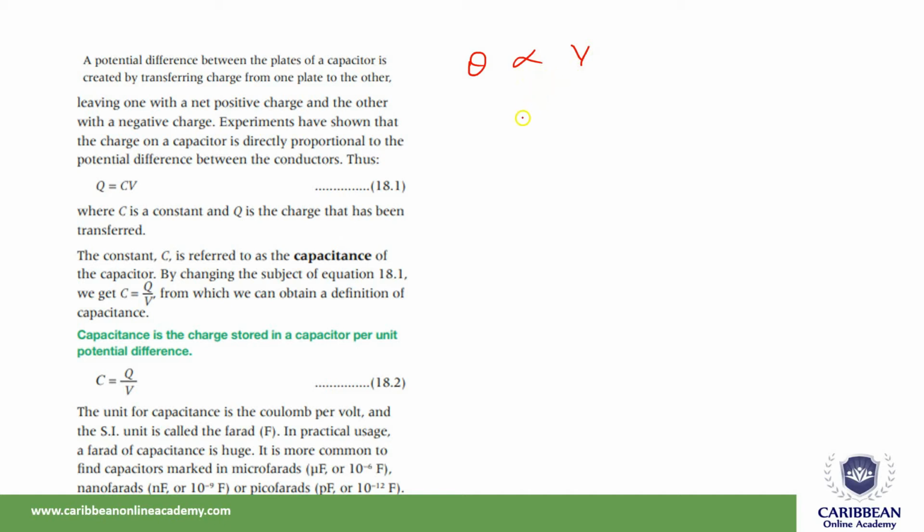Now, whenever we're talking about capacitors, that constant of proportionality is going to be known as our capacitance. So this is what we're saying. We're saying that the charge stored on the capacitor is equal to C times V, where C is a constant value, which is known as the capacitance.